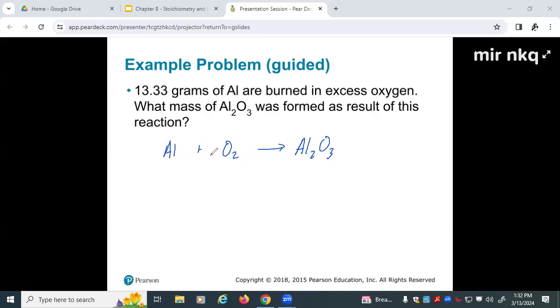I've got 3 oxygens here, but only 2 here. Can't turn a 3 into a 2, can't turn a 2 into 3. I'm going to have to turn them into something they have in common. Common multiple between them would be 6. So 6 oxygens means I'm going to have 2 of these. 6 oxygens means I'm going to have 3 of these.